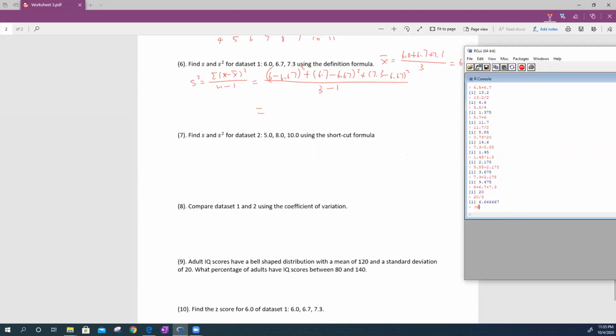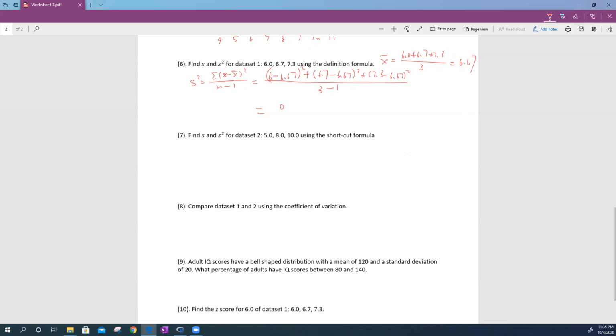Let's type in 6 minus 6.67 squared plus 6.7 minus 6.67 squared and plus 7.3 minus 6.67 squared. So that is 0.8467 divided by 2.